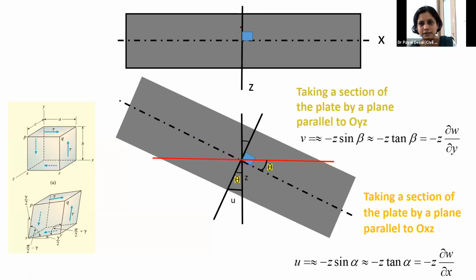So basically plane section means a cross section, and the plane section remains plane before stretching and after deformation. Before stretching, normal meaning 90 degrees, this remains 90 degrees after deformation as well.